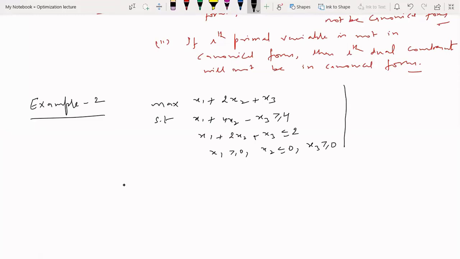Now look at this problem. You see, this problem is not in canonical form.